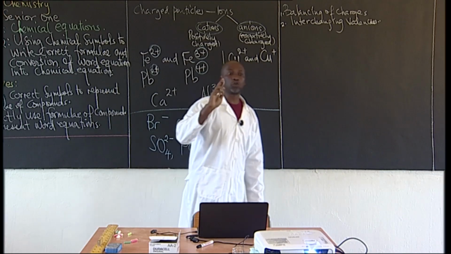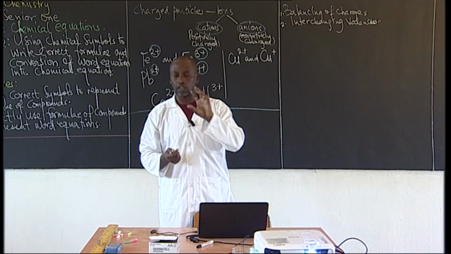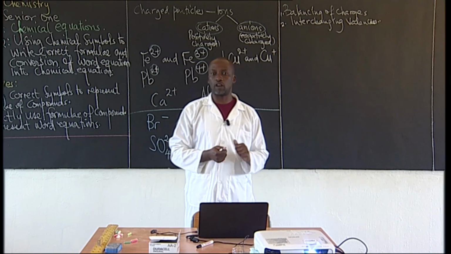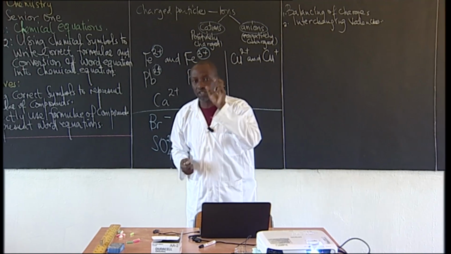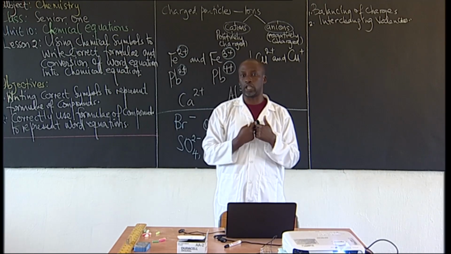So those are the 2 steps that we need to look at when we are deriving the correct formula of the compounds. But we derive the chemical formula from the radicals that we have looked at.